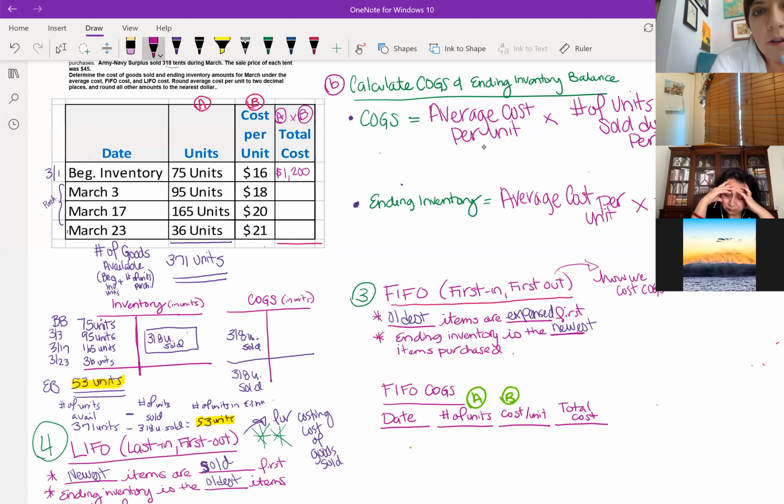March 3rd, we purchased 95 units at $18 per unit. And this layer has a cost basis of $1,710.